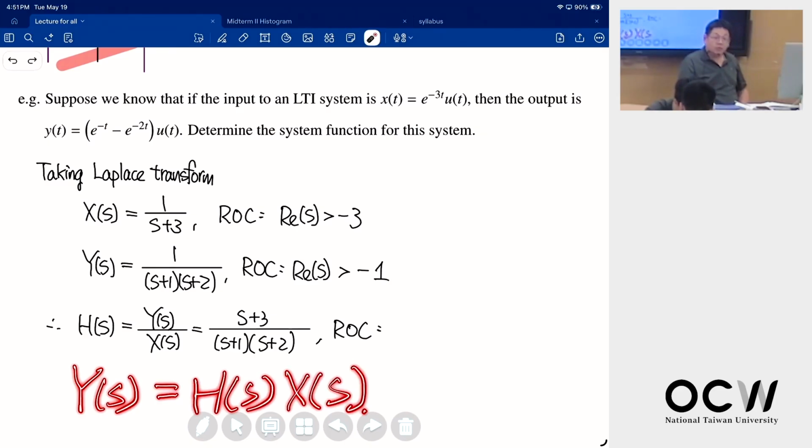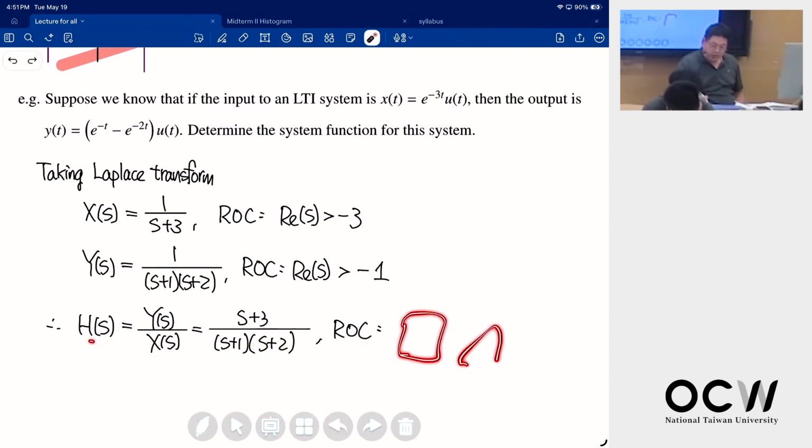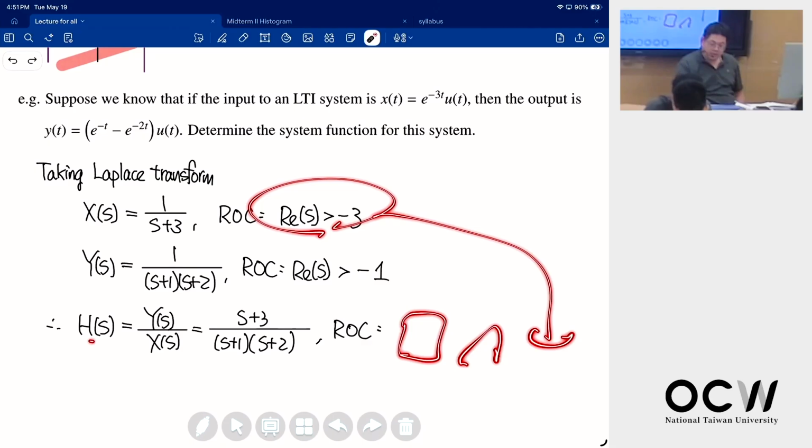Remember the convolution property. In the s-plane we have a multiplication. Then what is the region of convergence? The intersection, right? The intersection of these two will be the region of convergence for Y. For X we have s greater than minus 3, and for the other one, s greater than minus 1.